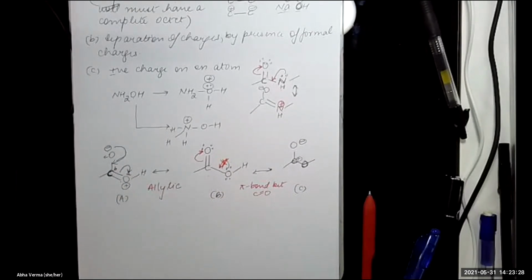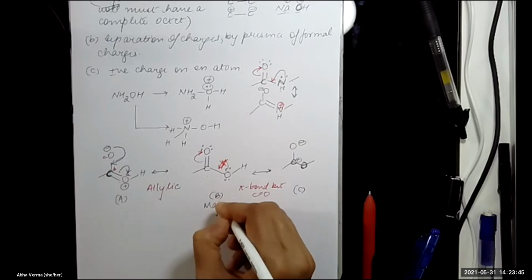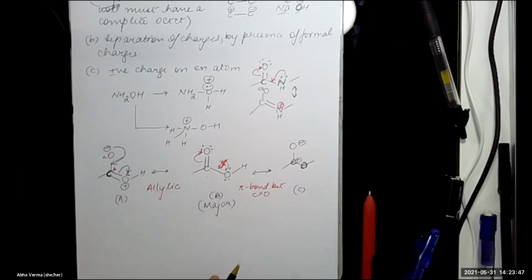I want all of you to think about it and tell me which is the least significant structure among all of these three, A, B, or C. We know B is the major contributor. Why? Because it is completely neutral. All octets are complete.